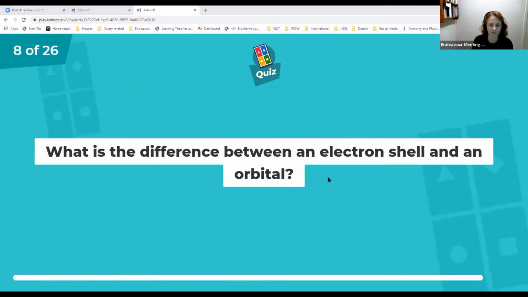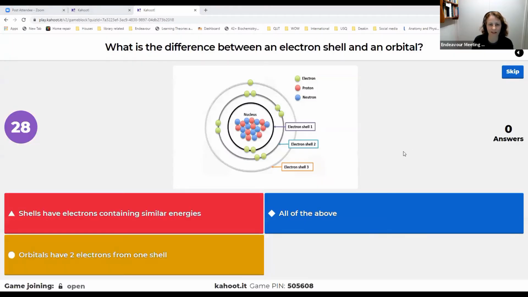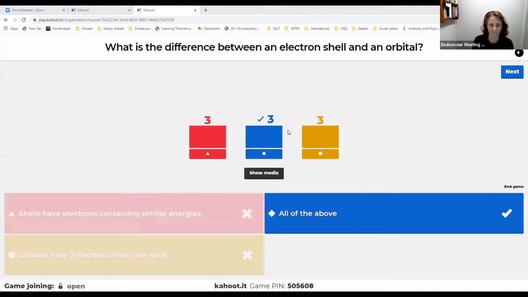So what's the difference between an electron shell and an orbital? Okay, so we had a pretty big tie going on there.